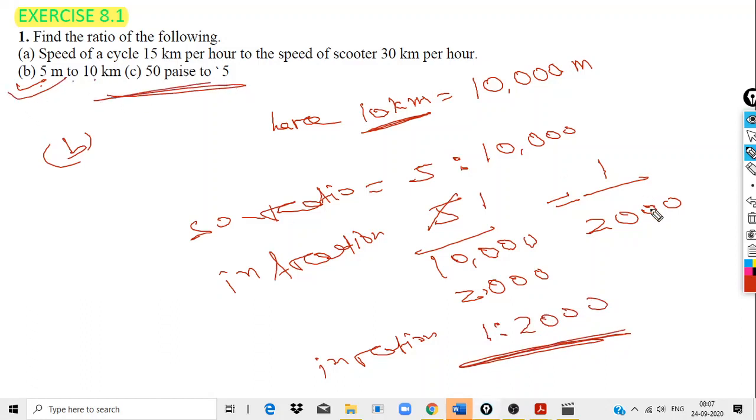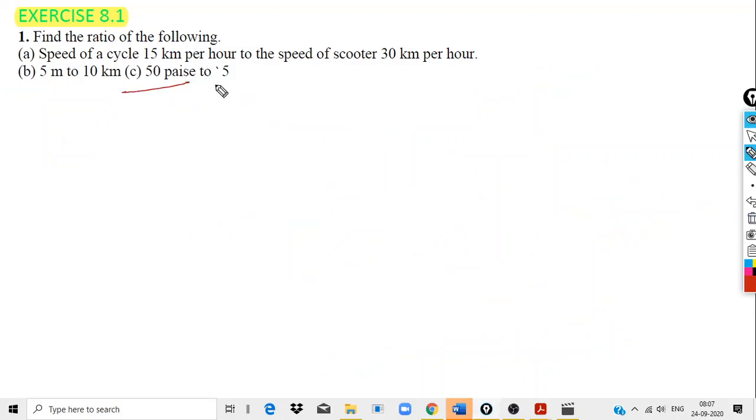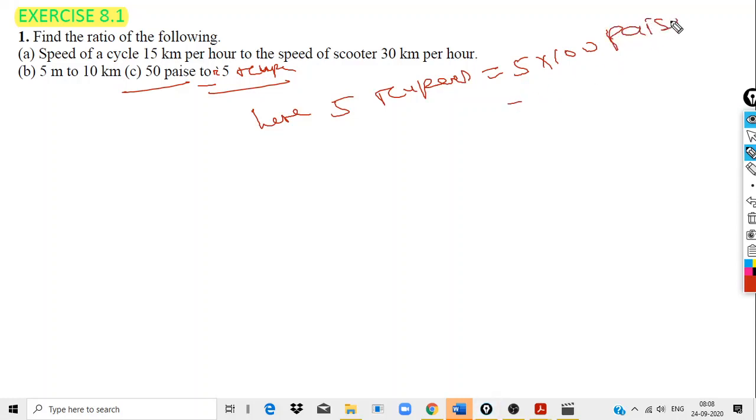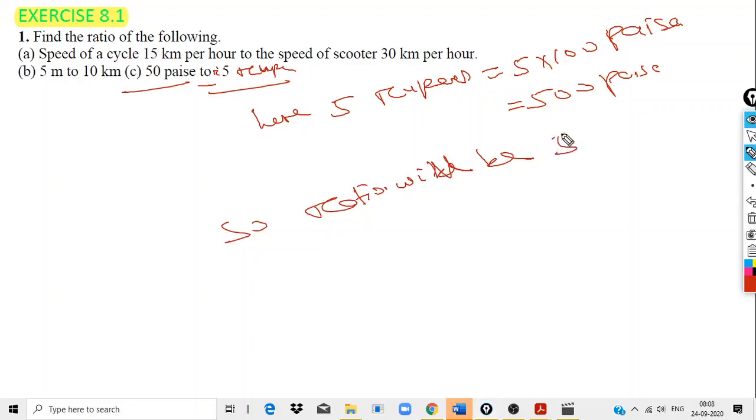Similarly you can try C also, 50 paisa to 5 rupees, I think it's rupees. Now here you can write 5 rupees equal to 5 into 100 paisa, which will be equal to 500 paisa. So the ratio will be 50 paisa is to 500 paisa.